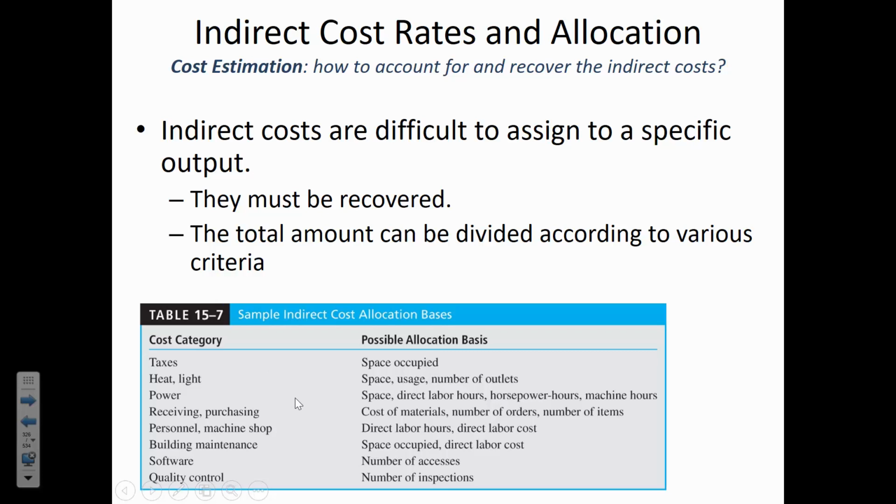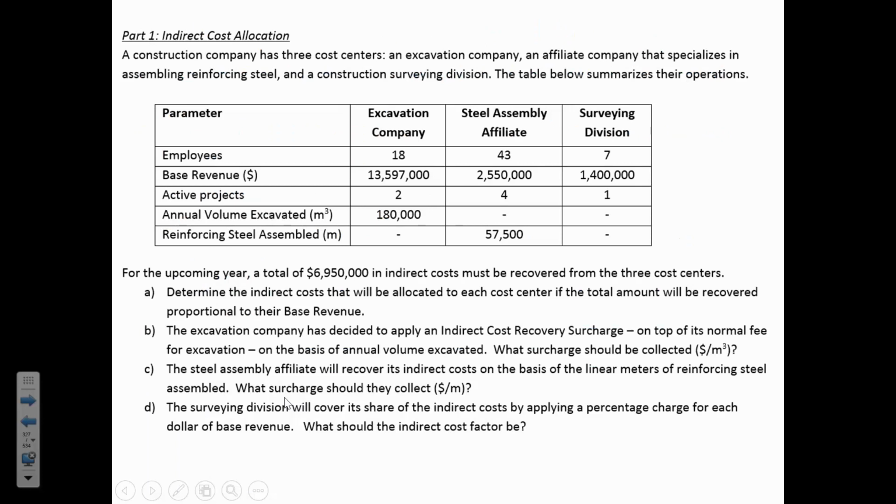All right, so to practice those ideas and to illustrate what we're talking about in indirect cost allocation, I've created this example where we're trying to, for a construction company, figure out how much of the indirect costs should go to each of the subsidiaries. This construction company has 3 different branches: an excavation branch, steel assembly, and surveying.